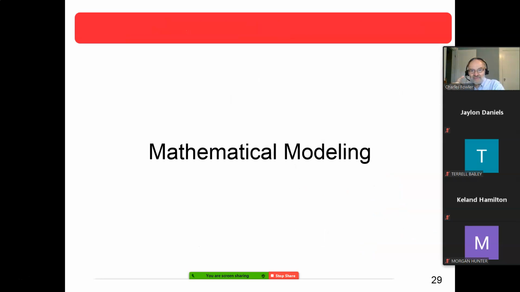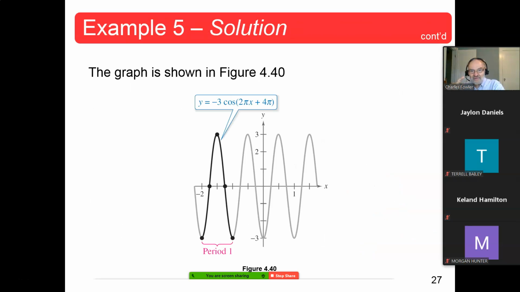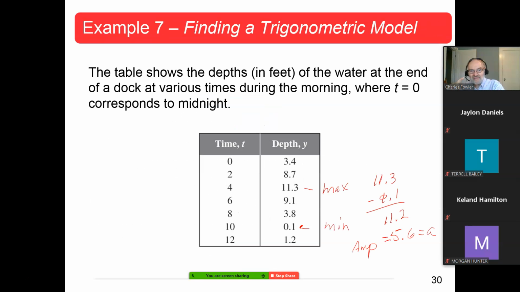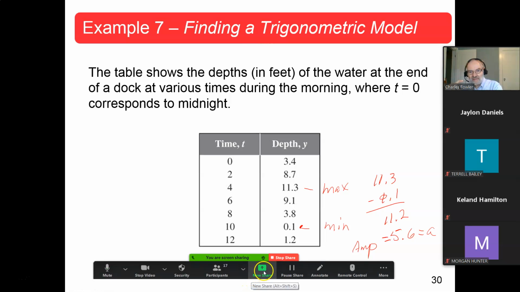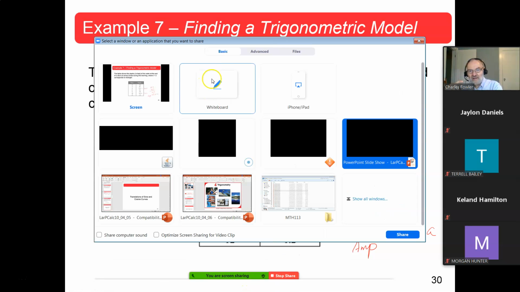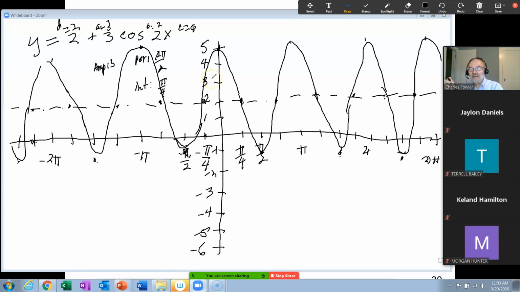All right. Now, let's go back. Oh, they don't show it. I forgot. We did it. Let's go back here. What I'm trying to do is get you to see what the D is going to be.